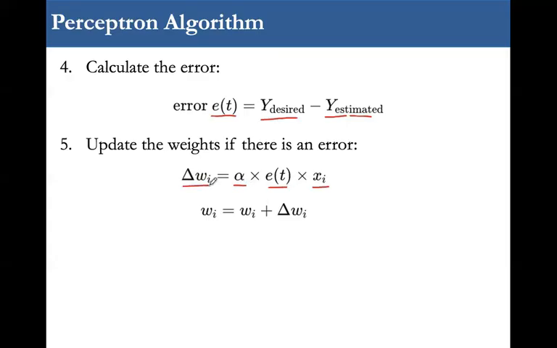Now we will get delta wi, which is the difference in weight that has to be added to wi. Now we will be using this delta wi to add with wi. So our modified weight wi will be wi plus delta wi. So these 5 steps have to be repeated again until there is no change in the output.